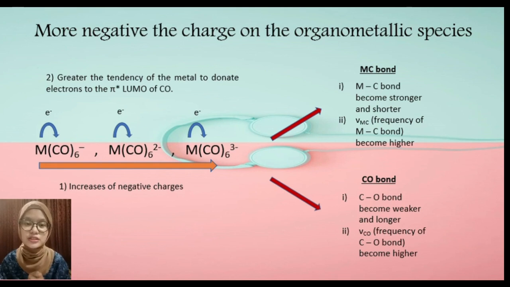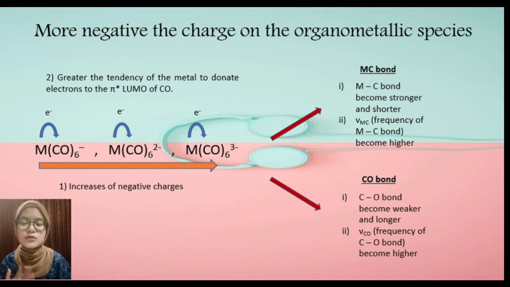When the charge on the organometallic species is more negative, the tendency of the metal to donate back the electron to the pi star LUMO of CO becomes greater. Metal tends to donate more electron back to the CO, making the pi back bonding stronger.